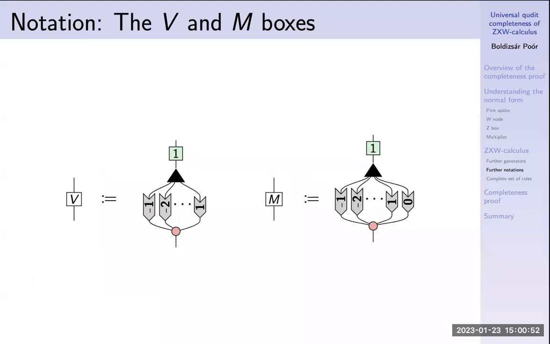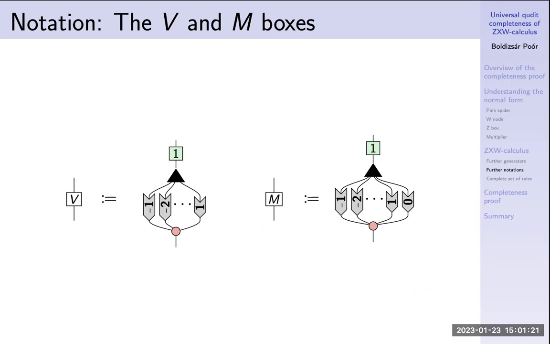And lastly, for the notations, we have the V and the M boxes. These notations are only there for brevity because, as you can see, they are quite big, but they have really nice interactions with some of the generators, as we will see, and they actually are really useful.